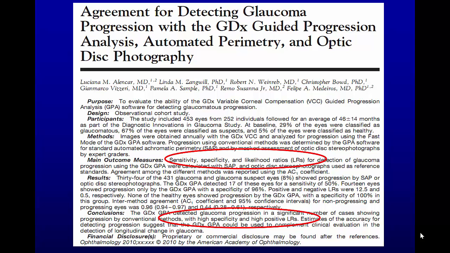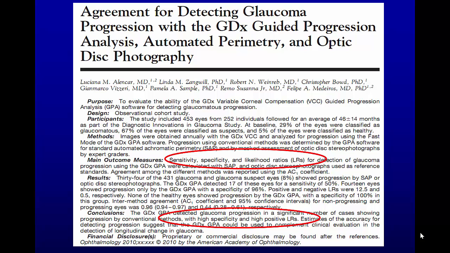And you consider another article here from Bob Weinreb's group about the agreement of detecting glaucoma progression with the GDX and other techniques, and they also talk only about sensitivity, specificity, and likelihood ratios, but they don't tell you how to apply it. It's assumed that you know how to apply it. So if you don't know how to apply it, then this article is useless.